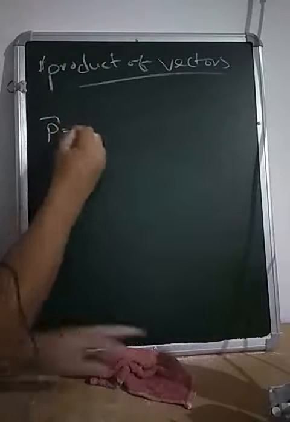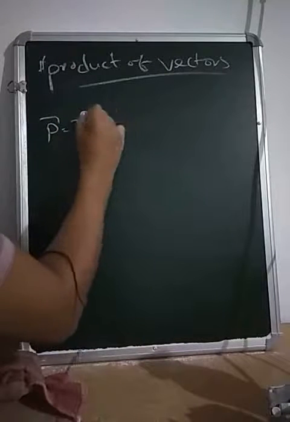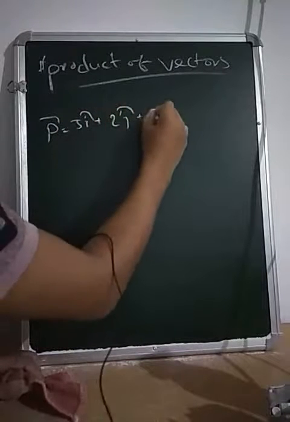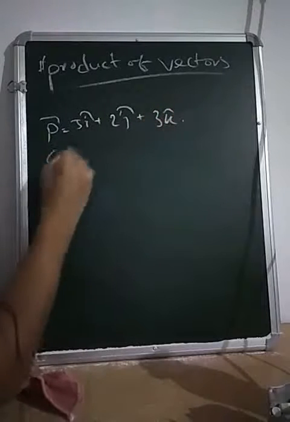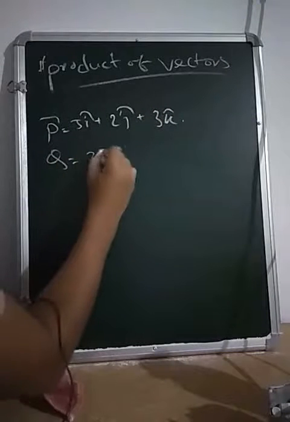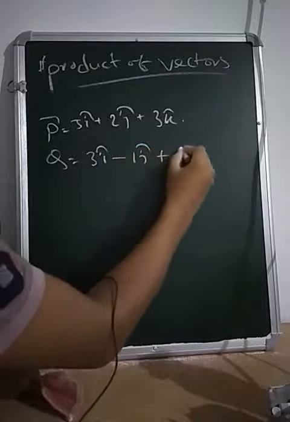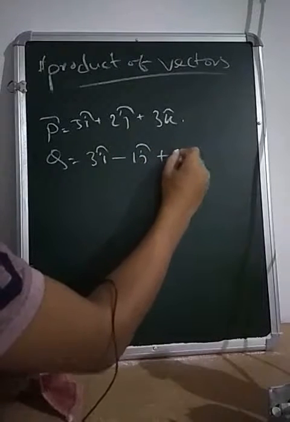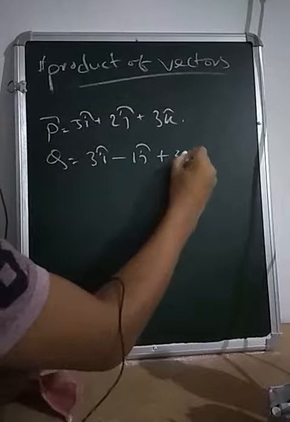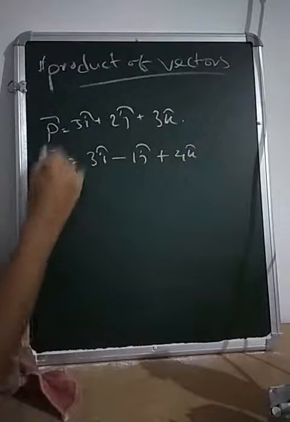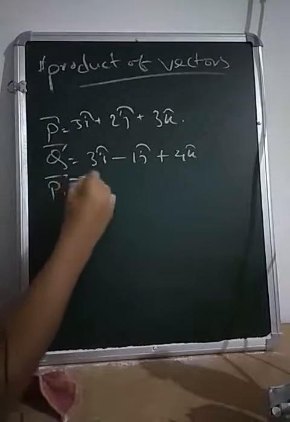Suppose that there is a vector P equal to 5 I cap plus 2 j cap plus 3 k cap, and Q is 3 I cap minus 1 j cap plus 4 k cap. So P dot Q will be how much?